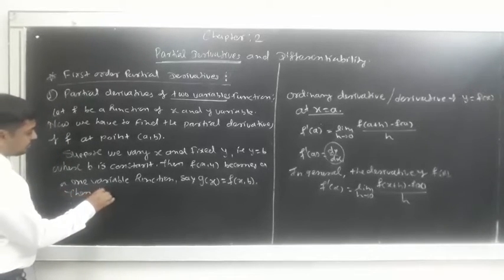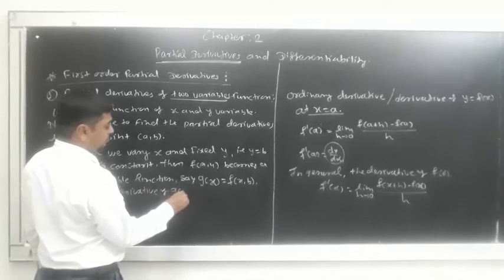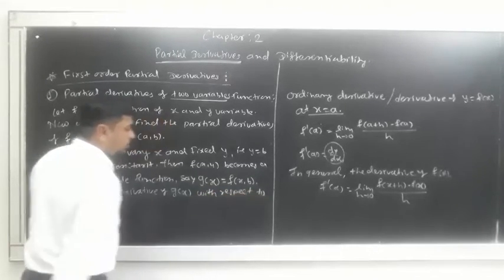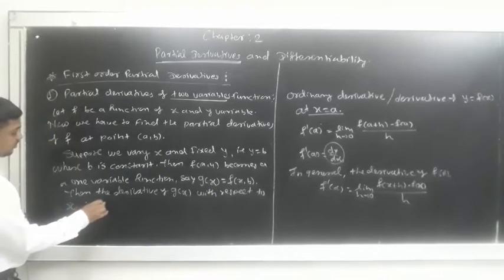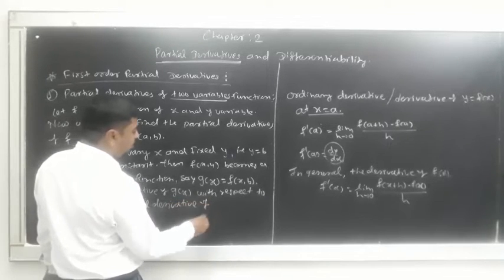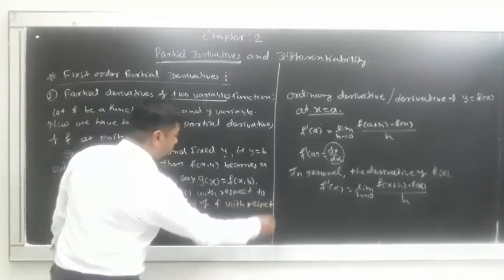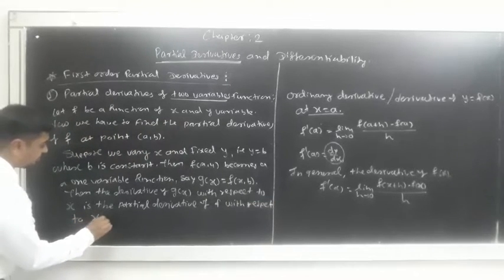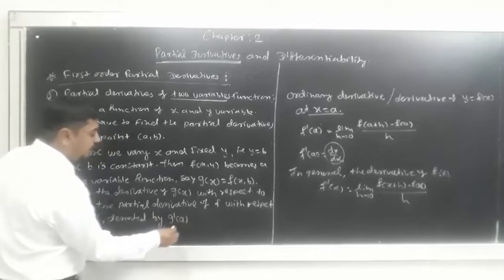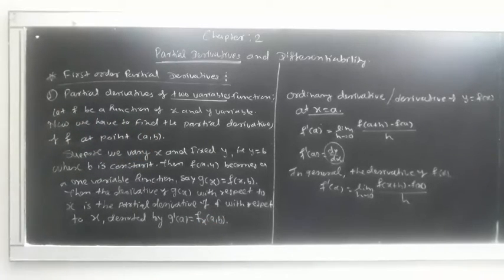Then the derivative of g of x with respect to x is the partial derivative of f with respect to x, denoted by g dash of a, which is equal to fx at (a, b).